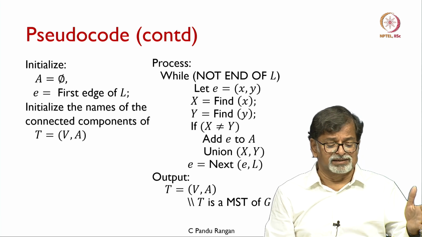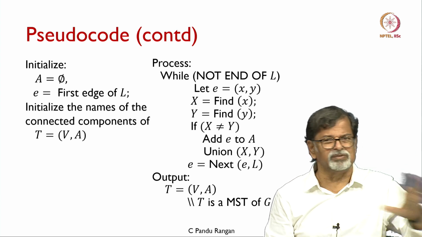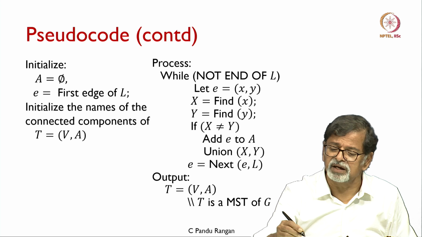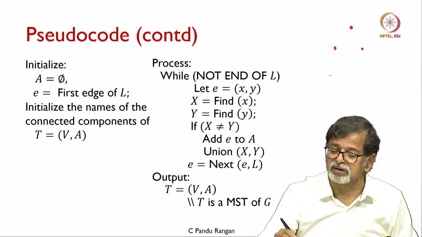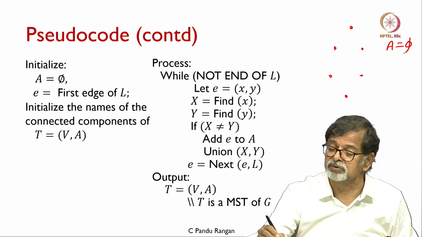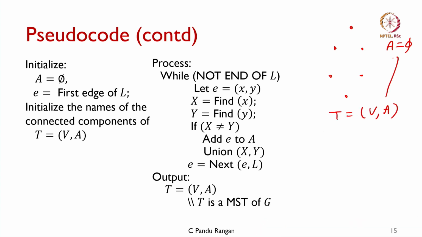We initialize the names of the connected components. How we initialize the names, we will see. Initially, when A is empty, each vertex is a connected component. This is the configuration when A equals the empty set. T equals T_A, and when A is empty, there are no edges, only vertices.